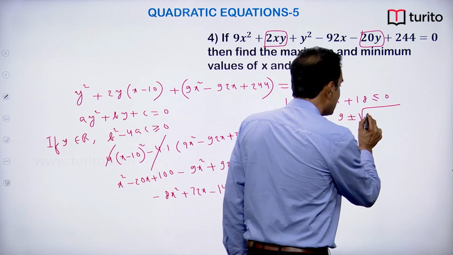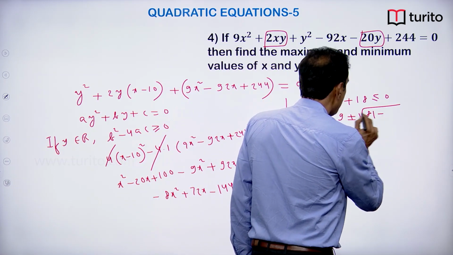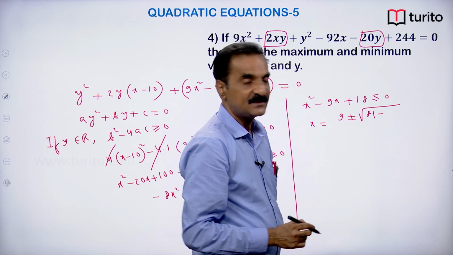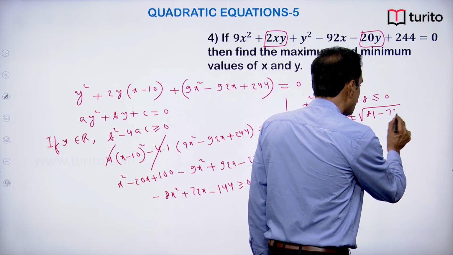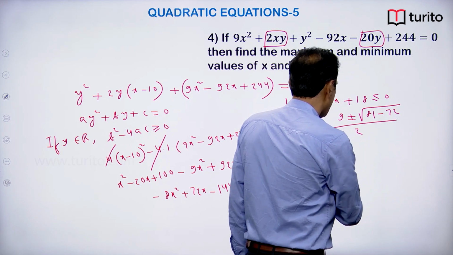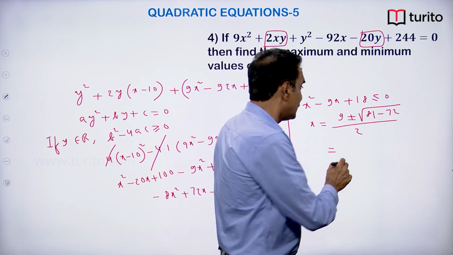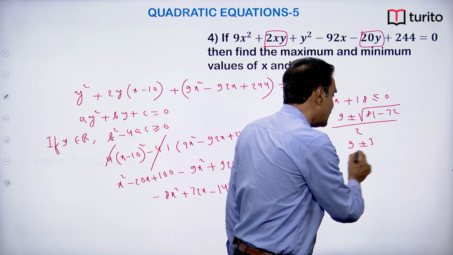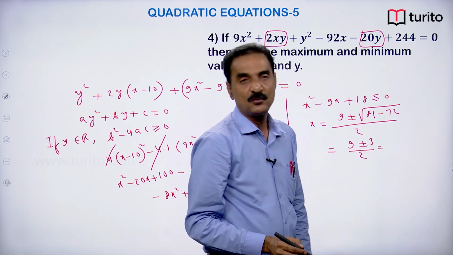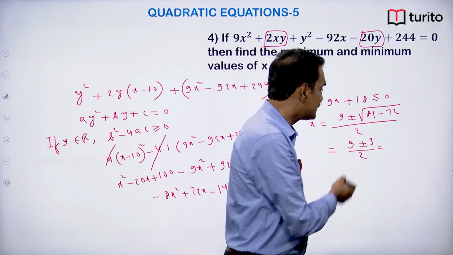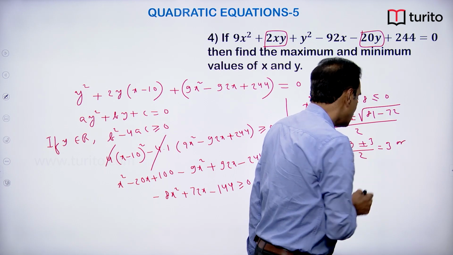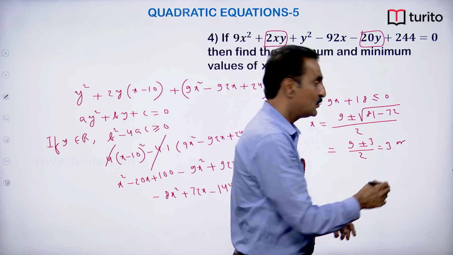B square minus 4ac is 81 minus 4 into 18. 4 into 18 is 72, by 2. How much are you getting? 9 plus or minus root 9 is 3 by 2. What are the roots? 9 minus 3 by 2 is 3, or 9 plus 3 by 2, 6.